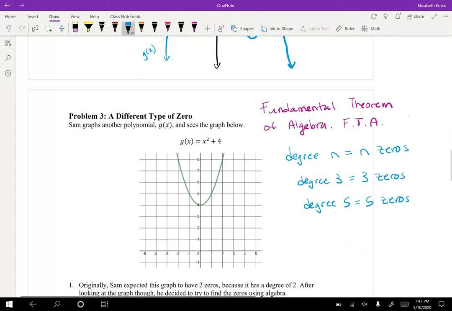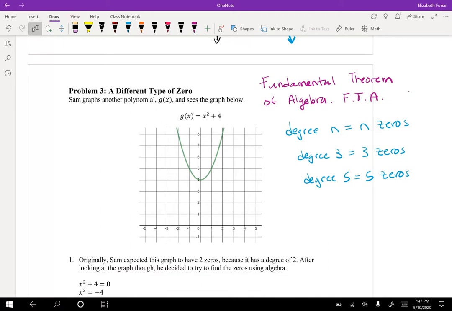Now we're going to start looking at a different type of zero. In this problem, they start off with the function g of x is equal to x squared plus 4. Going to my fundamental theorem of algebra, this is a degree 2, so there should be 2 zeros for me.